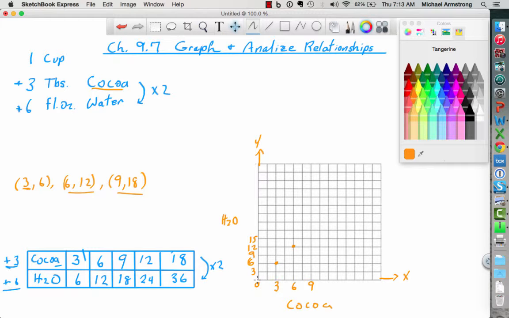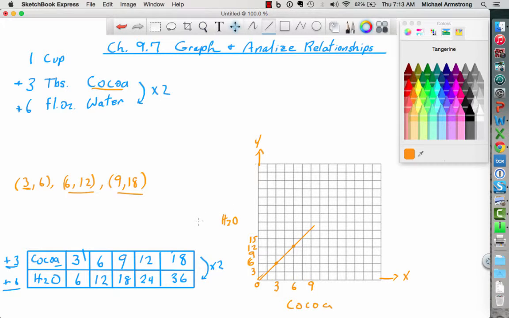And then what you can see is that we're going to create a straight line. And it's always going to create a straight line. Now, it's not always going to be exactly diagonal. It could be this direction or really flat. So it could even be this direction. But when we have this relationship between two things, we're always going to have a straight line on a graph, and it's something that you're going to get really good at.